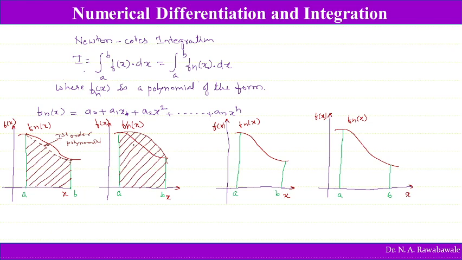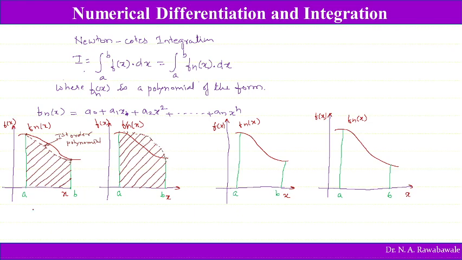Actually we are interested to find out the area below this red curve function f of x, but we are approximating this by a parabola, which is shown by a dotted line, and we are finding the area below this parabola.